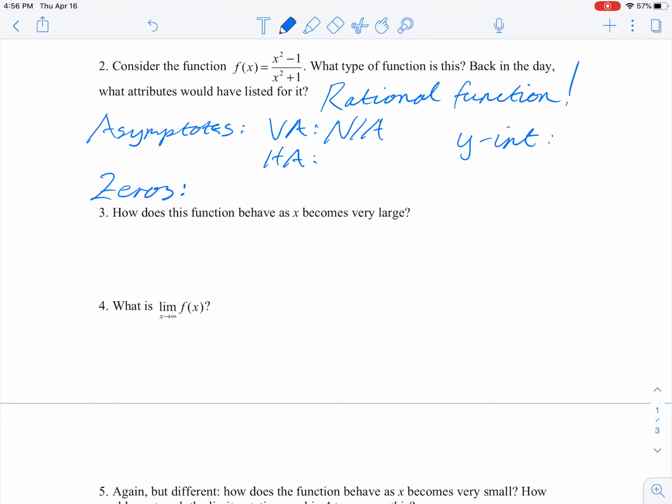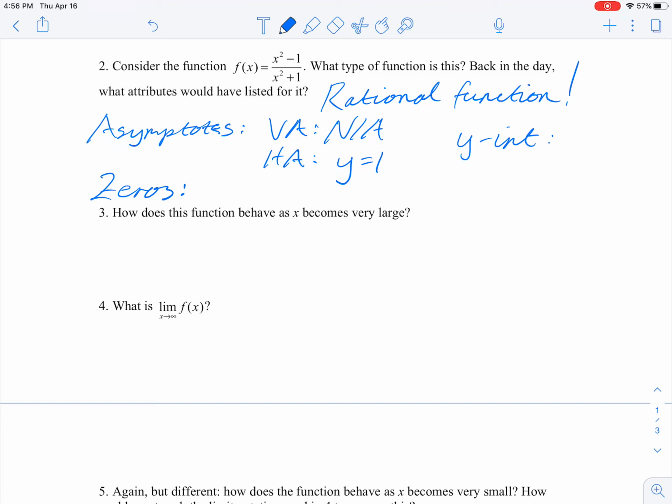Horizontal asymptote, on the other hand, for this type of rational expression, we had said if the coefficient on the numerator was the same as the coefficient on the denominator, and they had the same highest power, then the horizontal asymptote was the ratio of the leading coefficients. So in this case, that would mean that the horizontal asymptote was y equals 1.